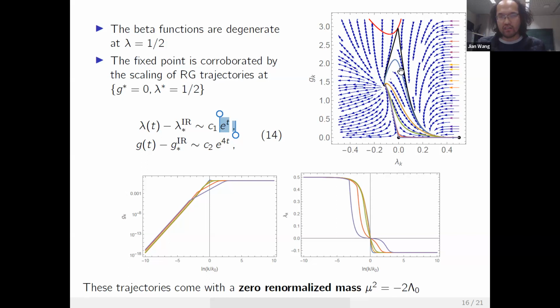That means all the RG flows in this region bounded by the black thick lines come with 0 renormalized mass. That's different from other RG flows. For the RG trajectories in this region, they go to minus infinity. So in that sense, the renormalized mass in the infrared may not be 0.